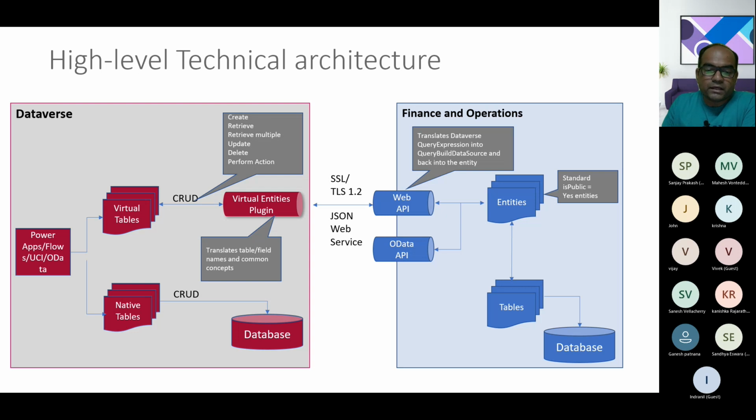Then it tries to translate the required information as part of a service-to-service call. As part of that translation, there are two points, as you can see here: one at the web API level, and another at the OData API level. In the background, it first occurs within the virtual entity plugin level, which translates the concepts of your entity's physical name to the Dynamics 365 finance and operations app data entity name, as highlighted in the slide deck.